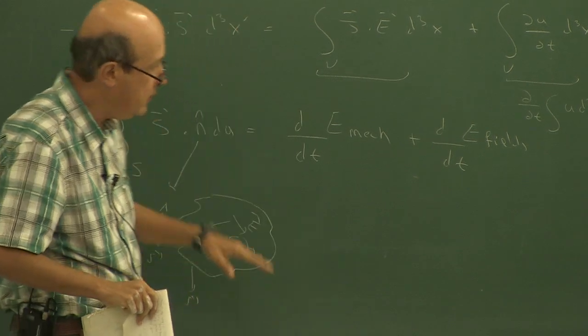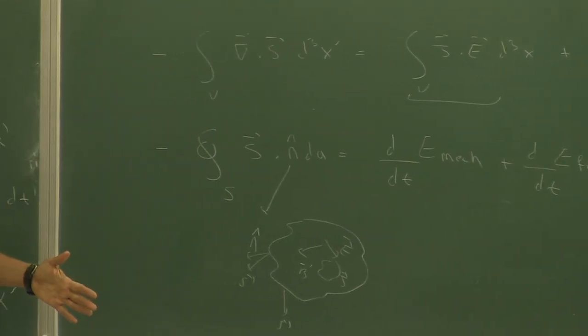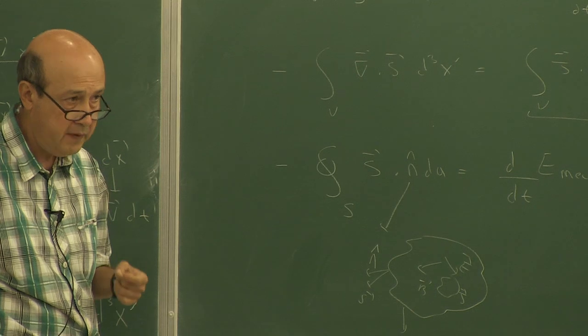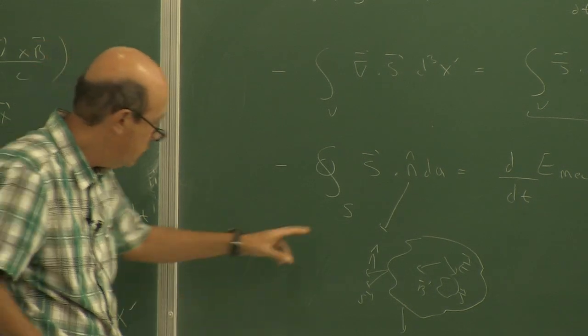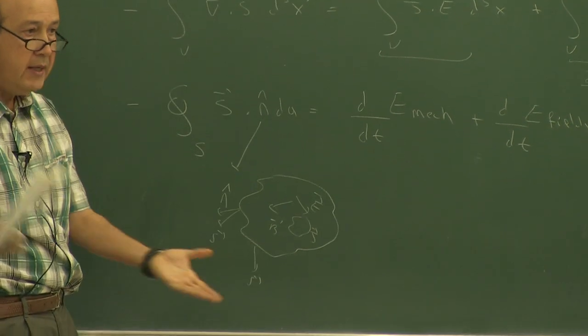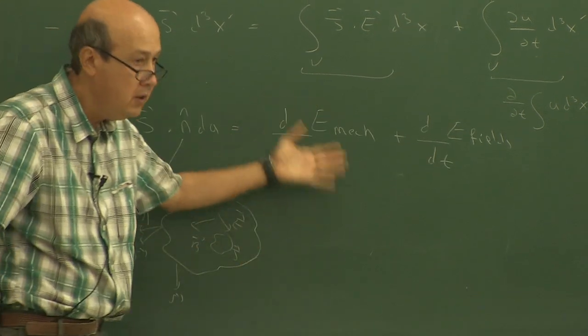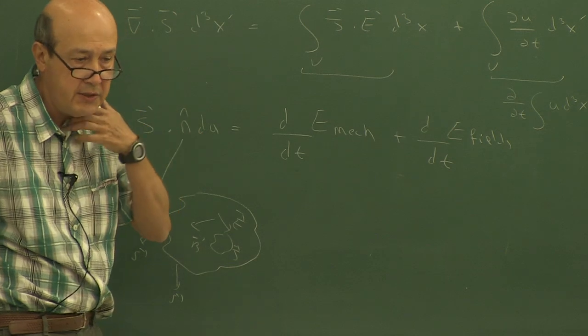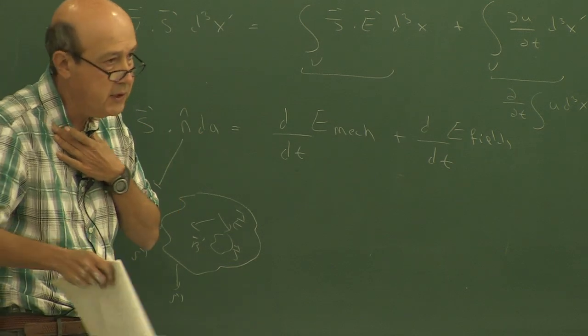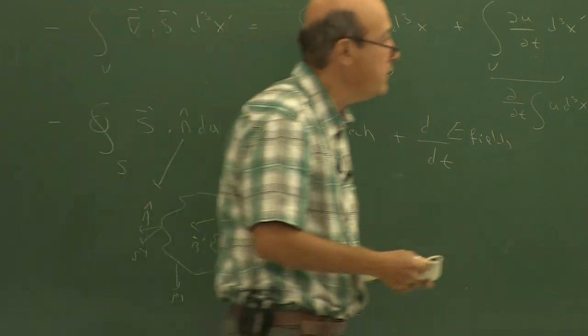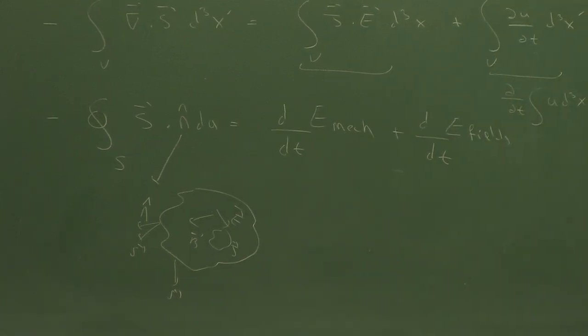So that is another meaning; they are the same. Bottom line, it is called conservation of energy because nothing is lost. The escaping intensity through the surface equals the rate of change of the mechanical energy plus the rate of change of the field energy. This is called conservation of energy.